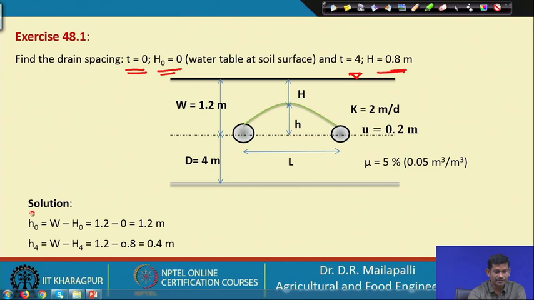The solution here: h naught is equal to W minus h naught, W is 1.2, so 1.2 minus 0, that is 1.2, exactly at the soil surface. h 4 is W minus h 4, so 1.2 minus 0.8, that will be 0.4. So, from 1.2 to 0.4 the water table has dropped, and knowing the k values and mu values, with this water table fall, find out the drain spacing. That is the question.